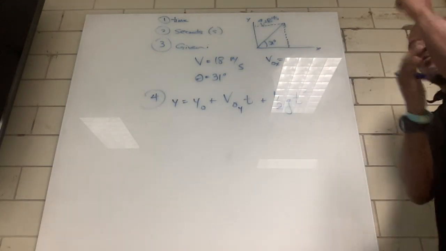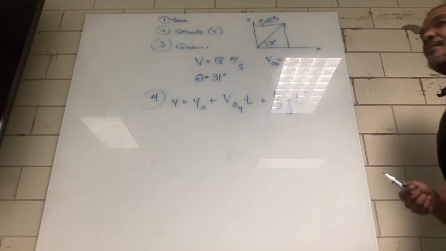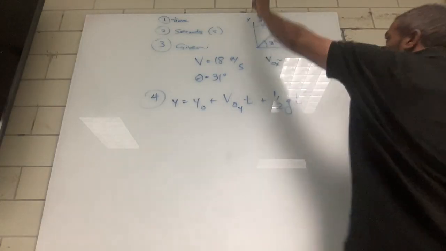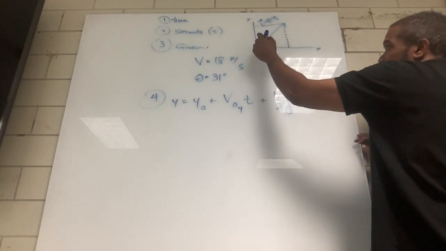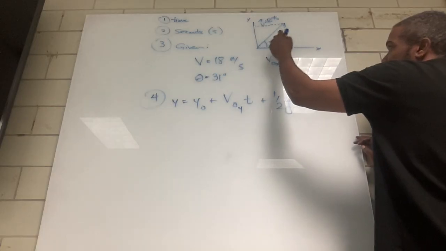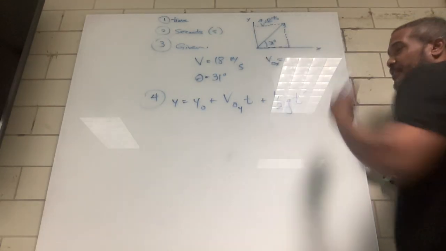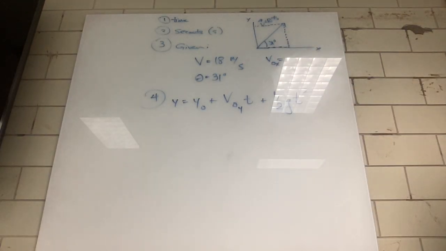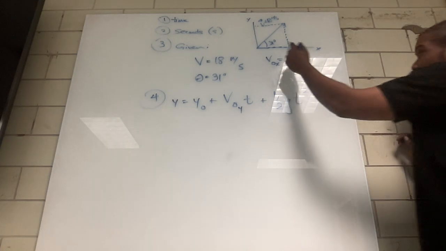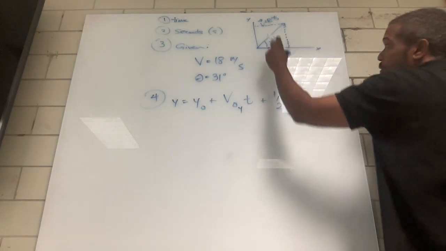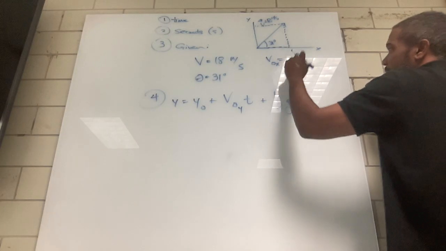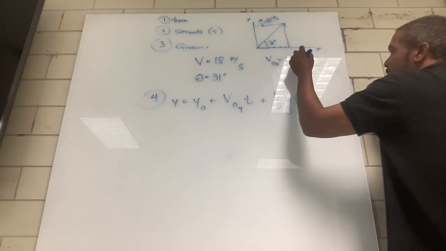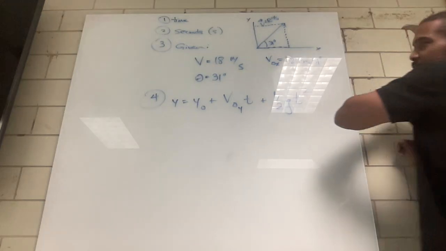If V0 in the x is 0, it's going to be sticking straight up. That's the only way it'd be 0. So what side is this to this angle? The adjacent side. So this is cosine then, right? So V0 in the x is 18 cosine 31 degrees.